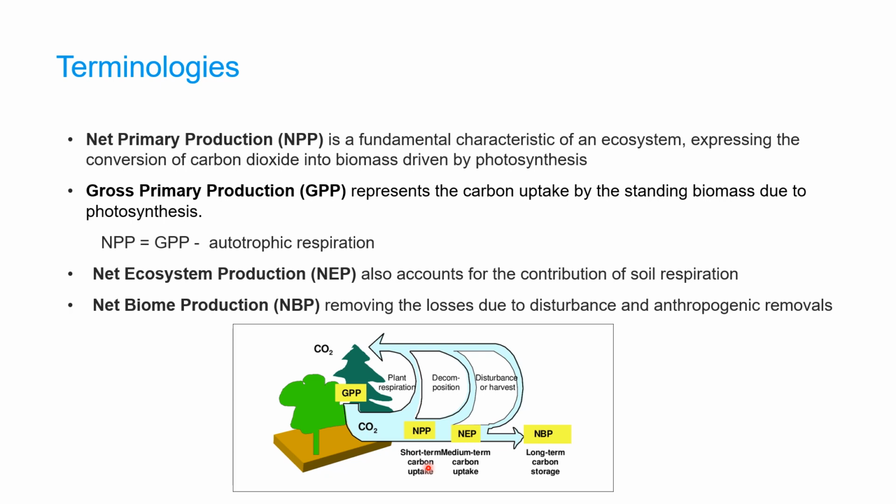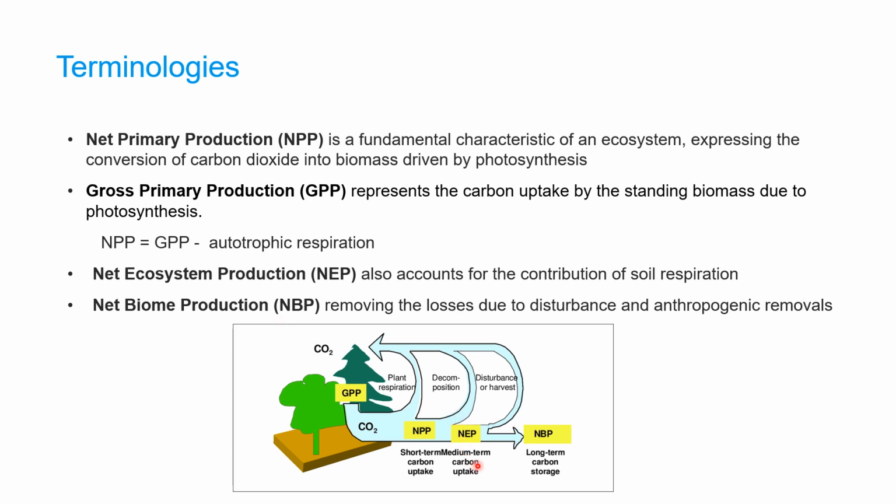Net ecosystem production, or NEP, accounts for the contribution of soil respiration. That is, the reconversion to carbon dioxide of leaf and other litter by the soil. Finally, the net biome production is the net flux after removing the losses due to the disturbances and anthropogenic factors.